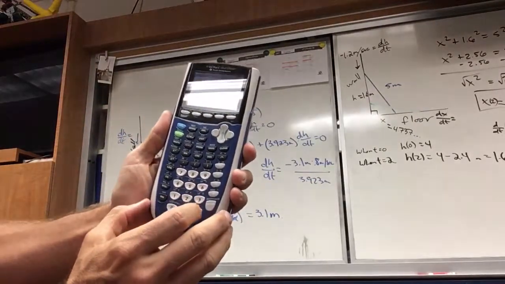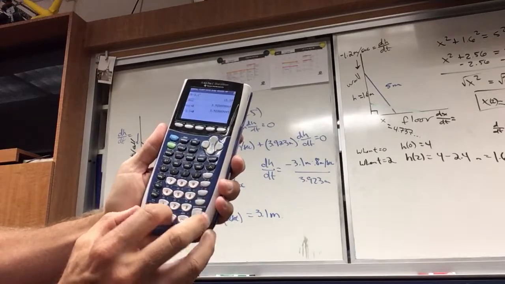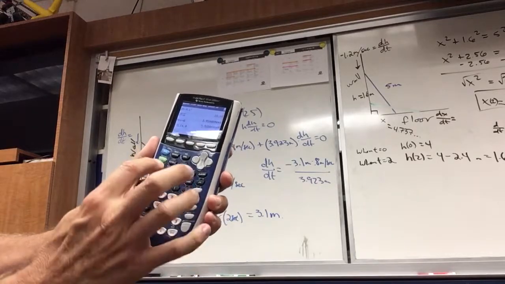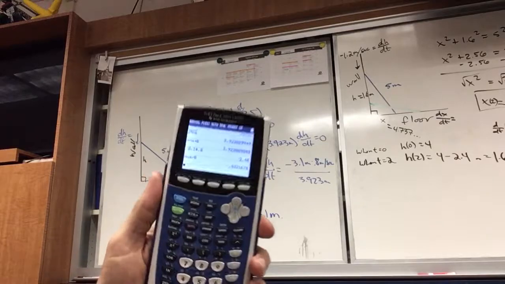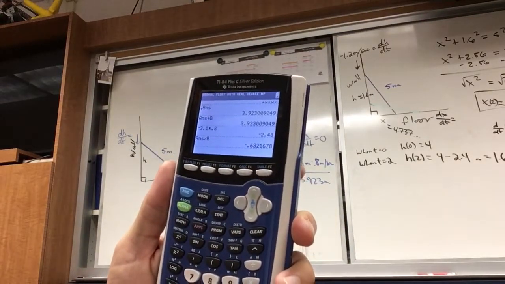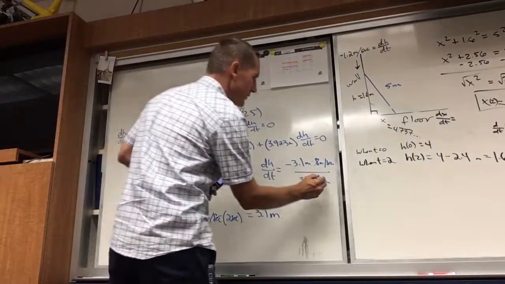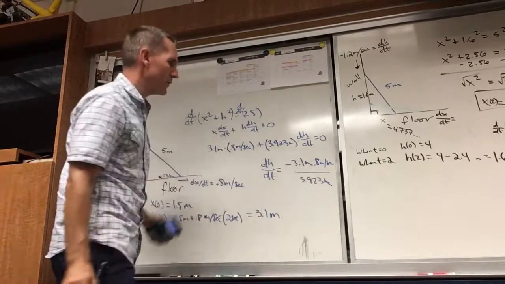Let me plug that into my calculator, showing you guys. I'm going to do negative 3.1 times 0.8, and then divide that by alpha B to get negative 0.632, and that's going to be meters per second because the meters cancel out with one of these, and I'm left with meters per second.